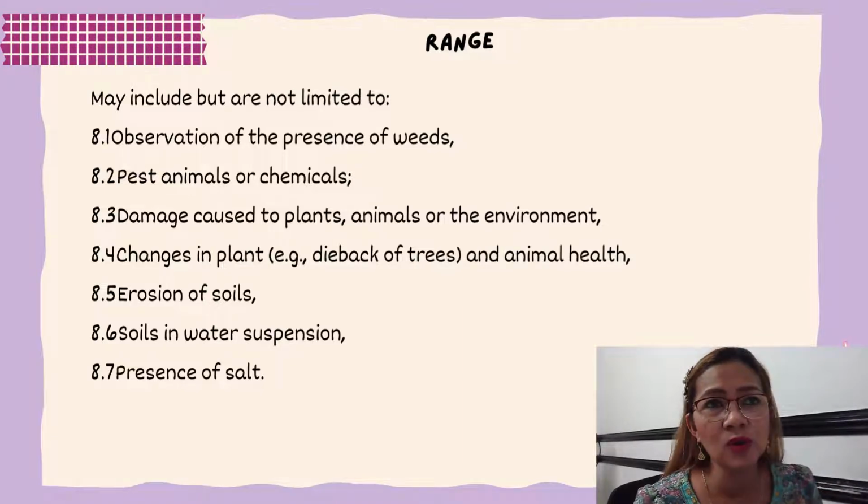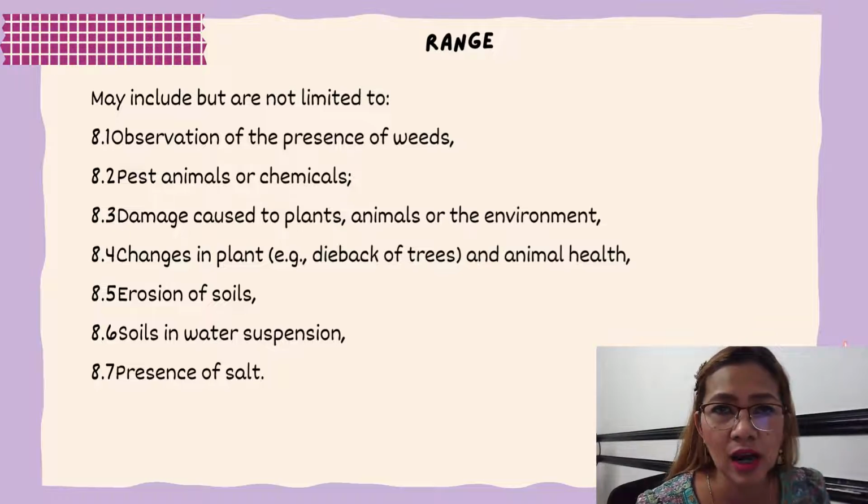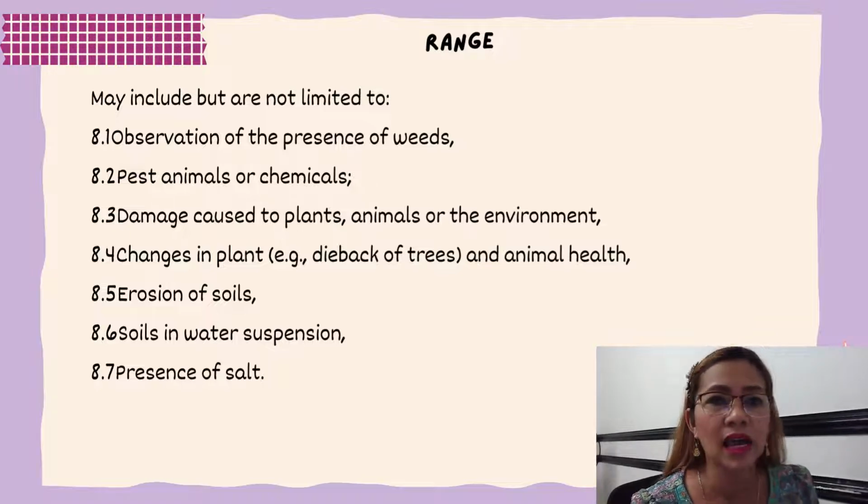Maybe the water being thrown away is not good for the plants, not good for our environment. Then you have to find ways so that you can resolve this problem.